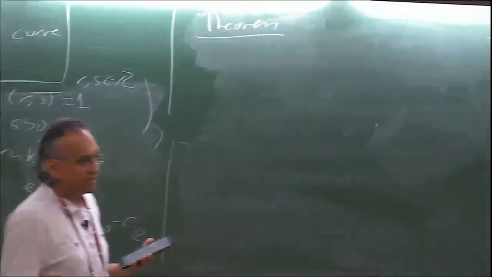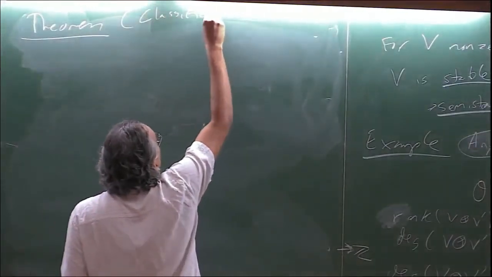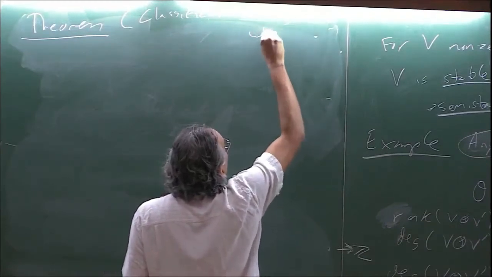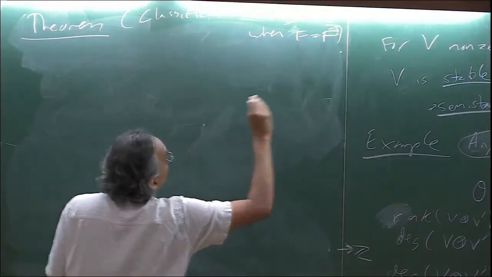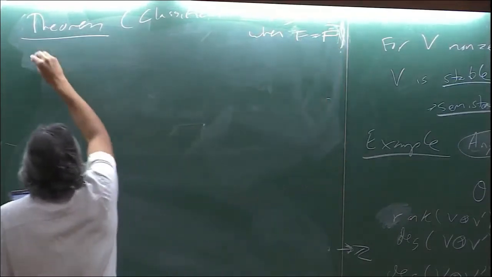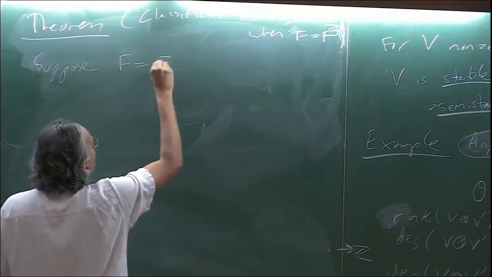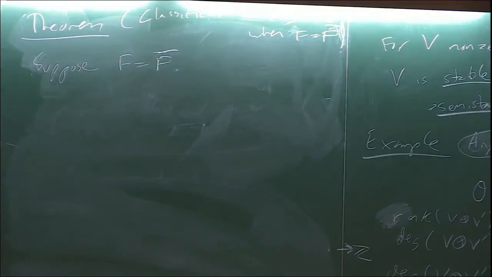So now I come to the main theorem of this part of the talk, which is the classification of vector bundles when F is algebraically closed. So suppose F is algebraically closed. You'll see in a moment something that can happen when F is not algebraically closed; things will look a little bit different.